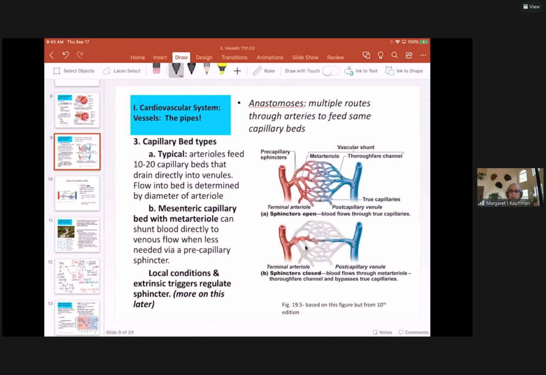Not every capillary bed uses a metarteriole, but every organ has these so that you can divert blood from the capillary bed directly to the vein in order to increase venous return more rapidly. Or you might be doing it because local conditions say, I'm not doing anything with that tissue right now. Its metabolic rate is low. It doesn't need oxygen. It's got plenty of oxygen and glucose, and it hasn't generated many waste products.